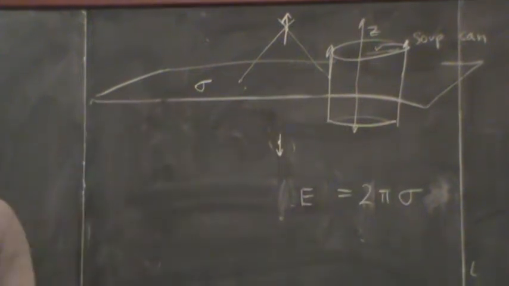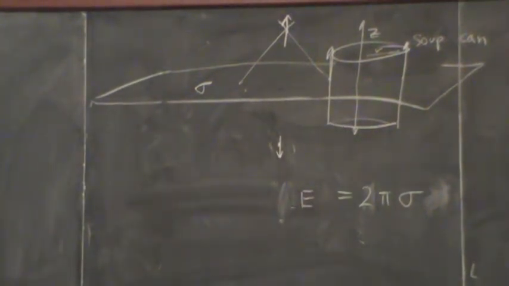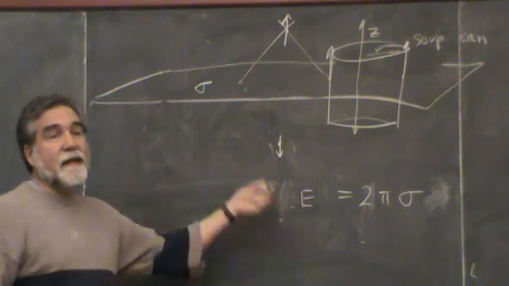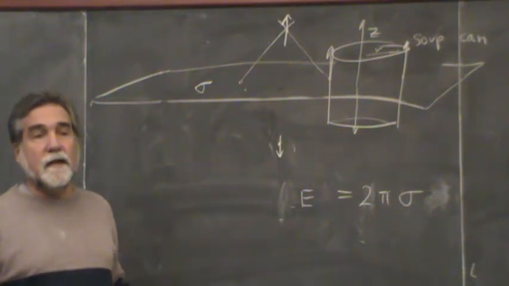The electric field is 2 pi sigma, independent of distance from the plane, because I took the plane to be infinite. Right? So once again, Gauss's law gives a really quick solution to this problem.